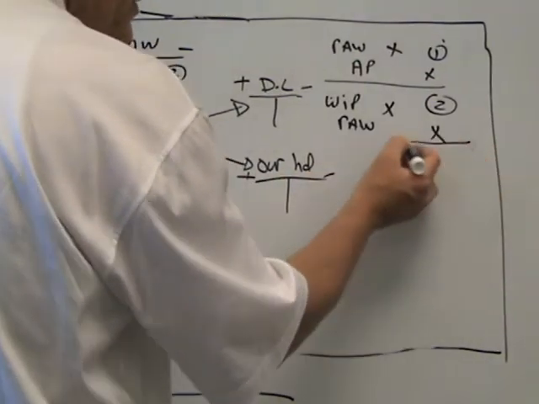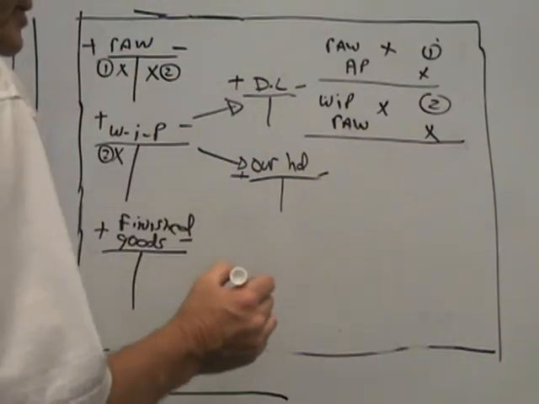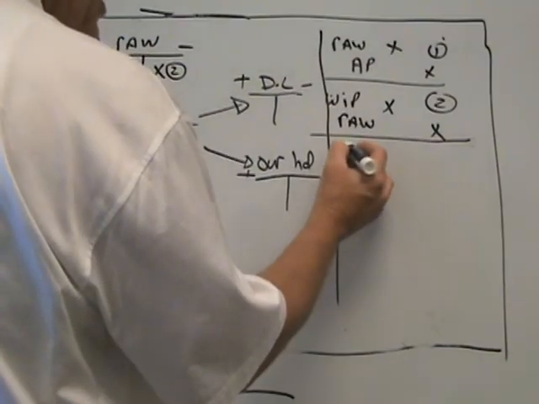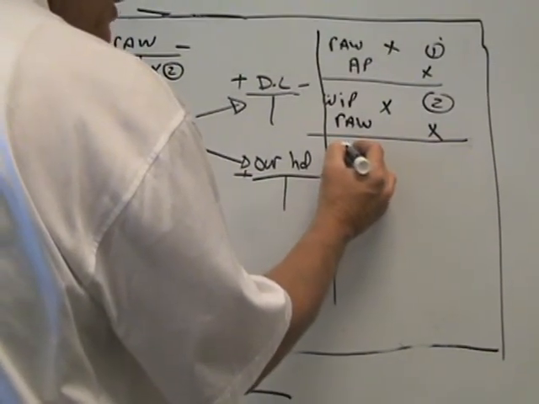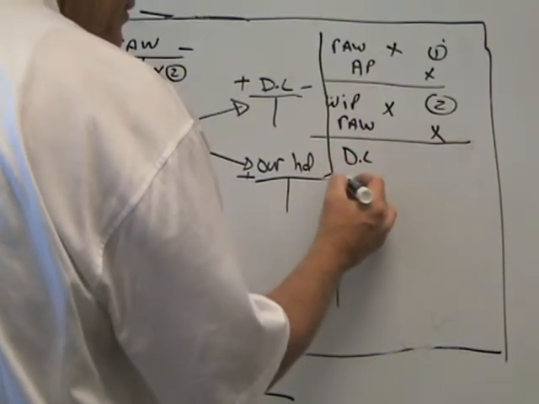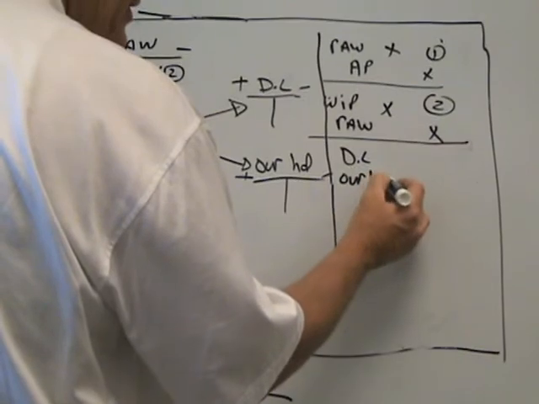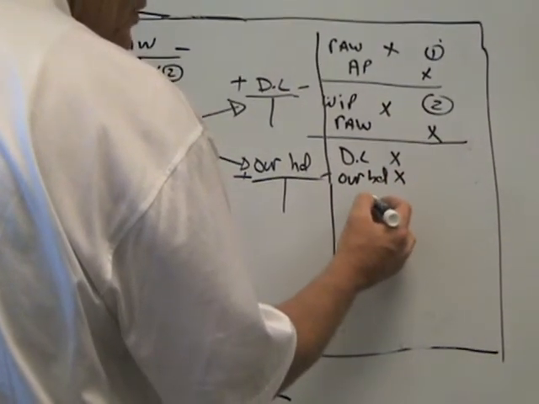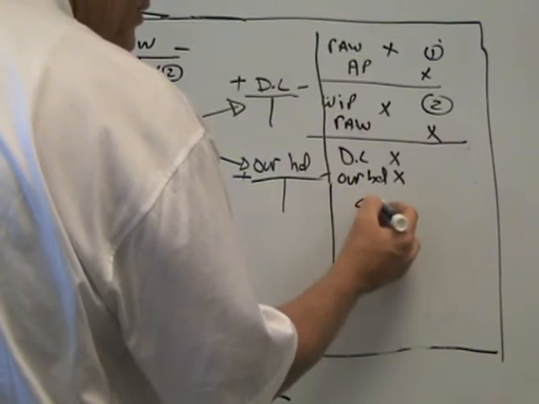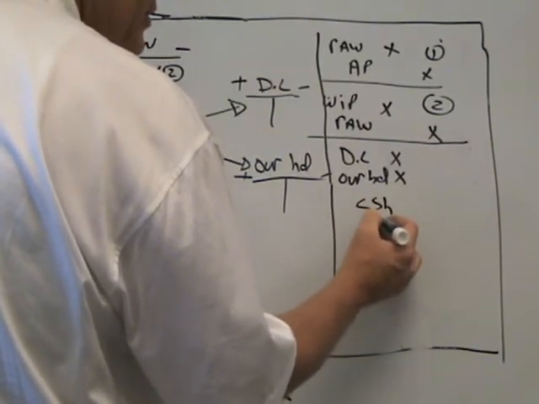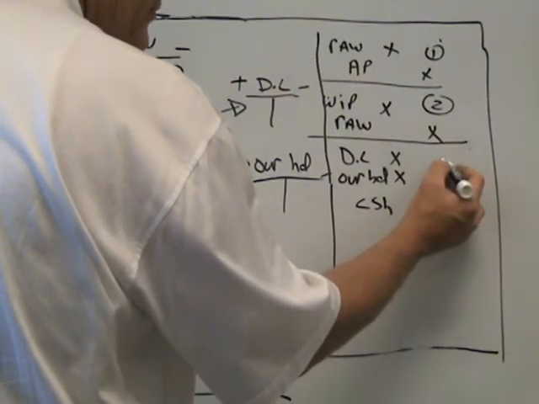Then in entry 3, I essentially buy direct labor and overhead, with cash and some payable.